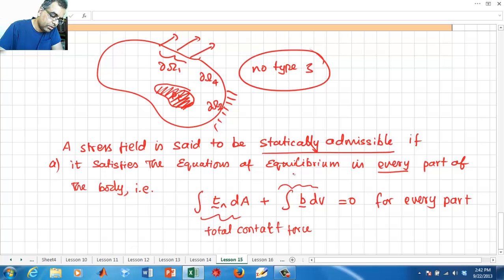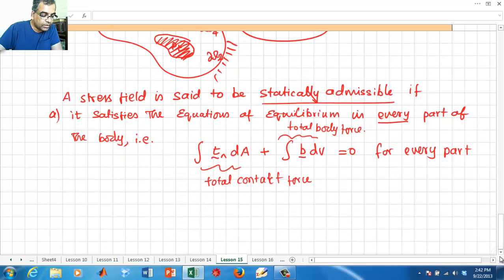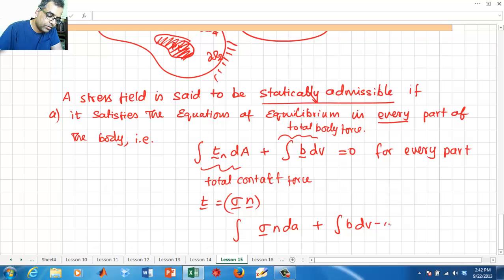This is total body force. And we know that instead of doing this, the way we calculate T is sigma times N. So we have the integral of sigma times N dA plus the integral of B dV must be equal to 0 for every part.